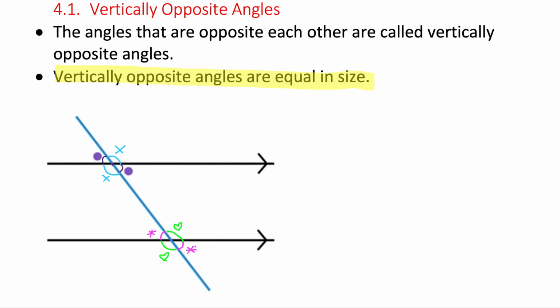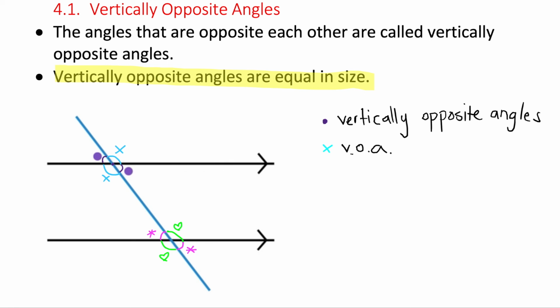So please copy this diagram and write in your notes that these purple ones are what we call vertically opposite angles. And then do the same to indicate the x, and I'm just going to call it vertically opposite angles.